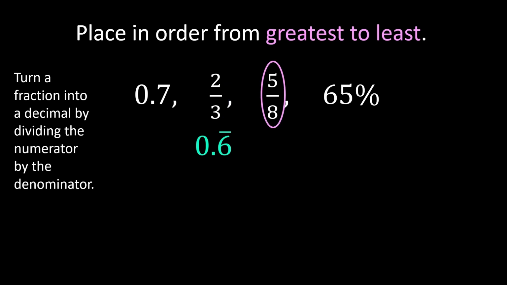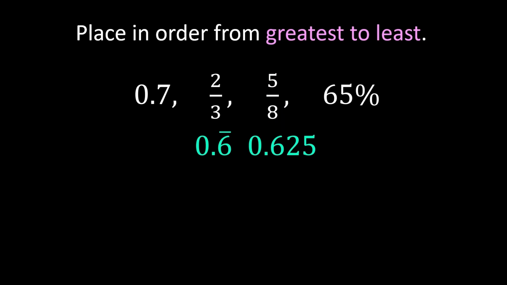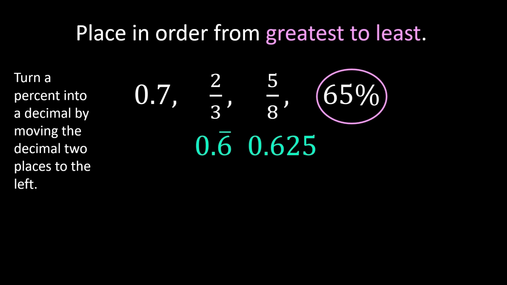Next, we need to turn 5/8 into a decimal by dividing 5 by 8, either using a calculator or by hand using long division. 5 divided by 8 is 625 thousandths. Now we still have 65% that also needs to be in decimal form. To turn a percent into a decimal, we move the decimal 2 places to the left.